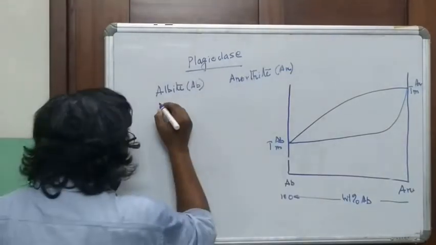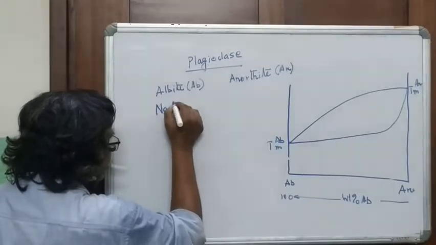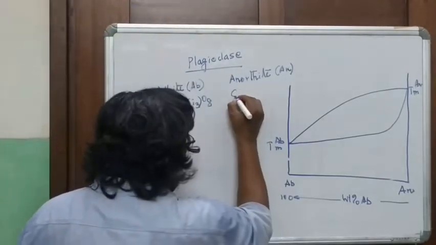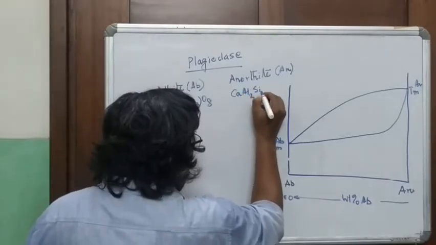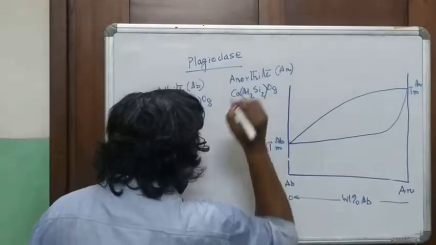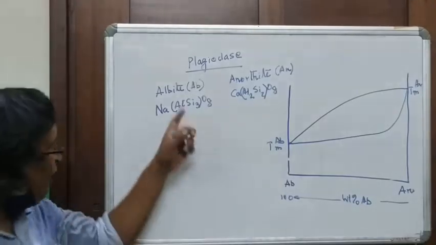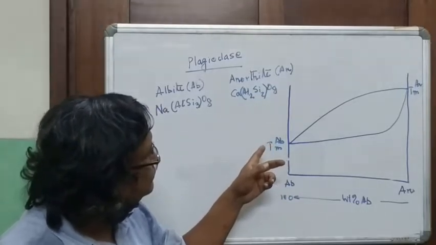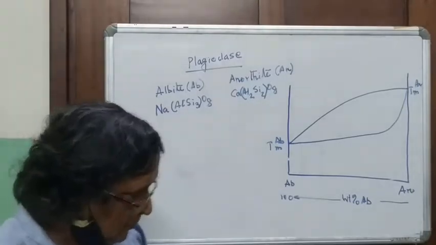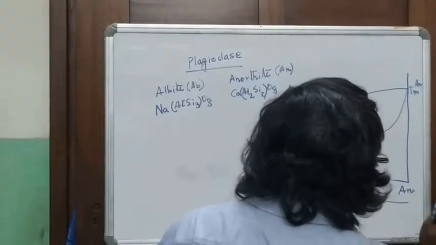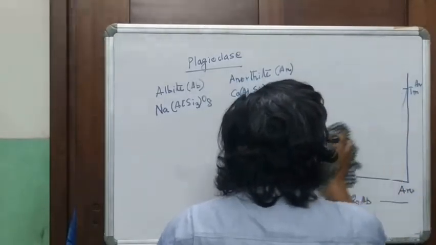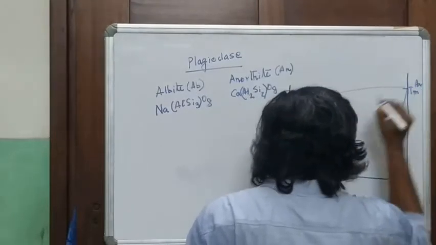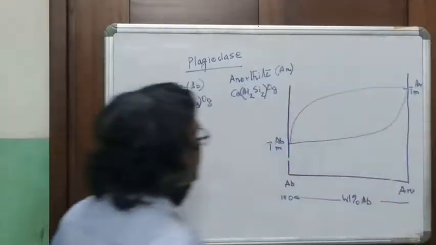Albite and anorthite. The formula for albite is NaAlSi3O8, and the formula for anorthite is CaAl2Si2O8.